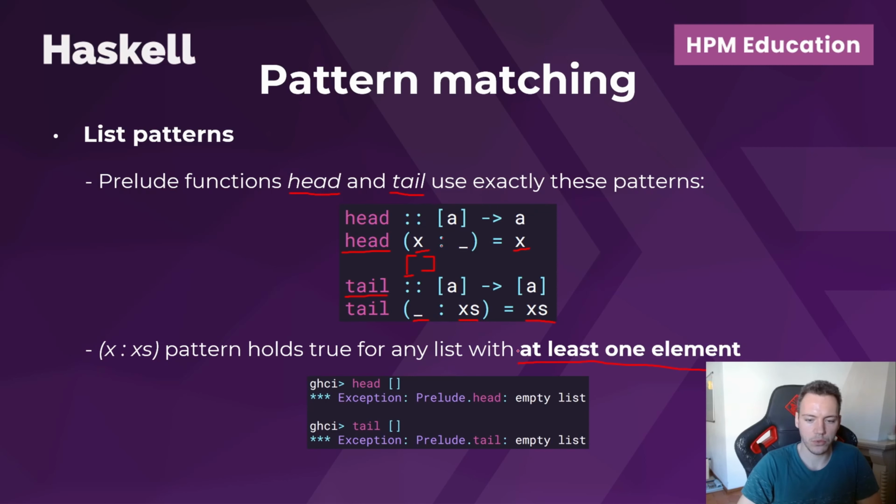This is not really important now, but if we try to use head on an empty list, this case just throws an exception or an error, and the same for tail, because an empty list does not have a first element and does not really have a tail. It's just an empty list, so this makes sense.